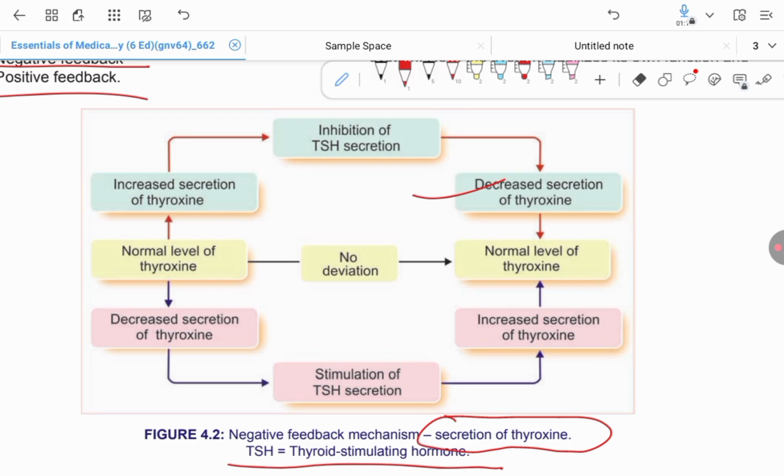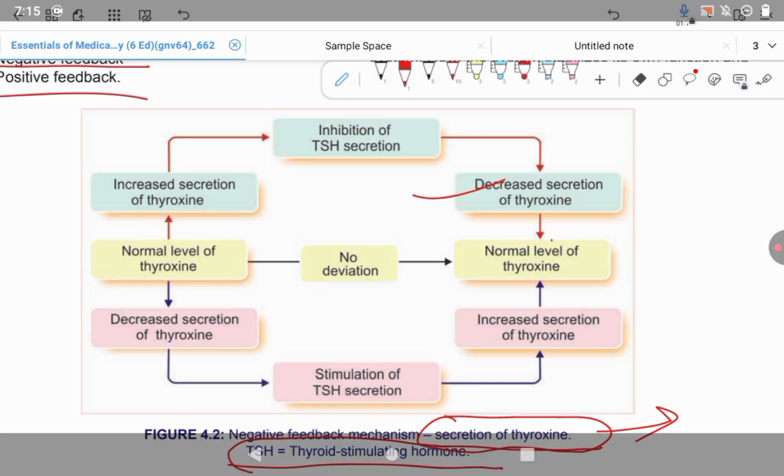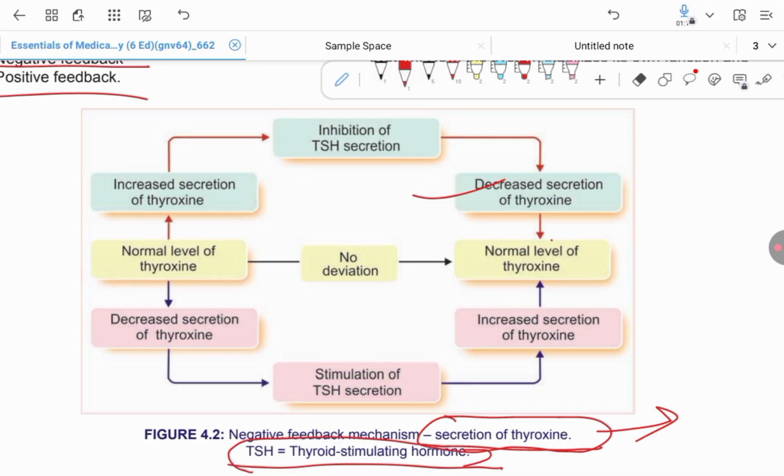The secretion of thyroxine from the thyroid gland is maintained by TSH. When there is an increase in TSH, there is an increase in thyroxine. When there is a decrease in TSH, there is a decrease in thyroxine. So the normal level of thyroxine is maintained with no deviation.